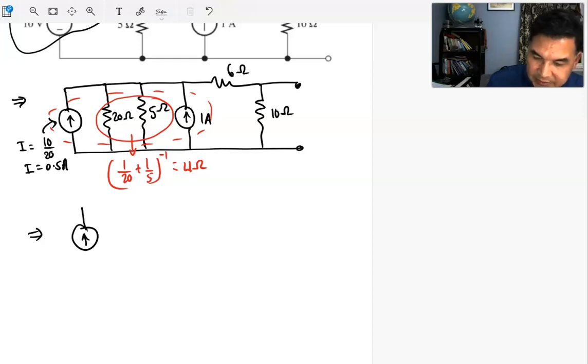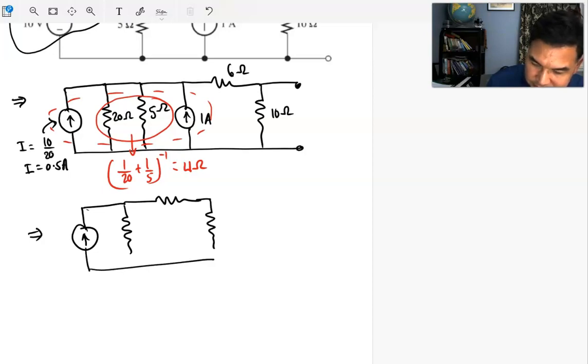You can simply add 1 amp and half an amp because they are in the same direction, with 4 ohms of resistor, like that. And this is the rest of the circuit. So this is now 4 ohms.